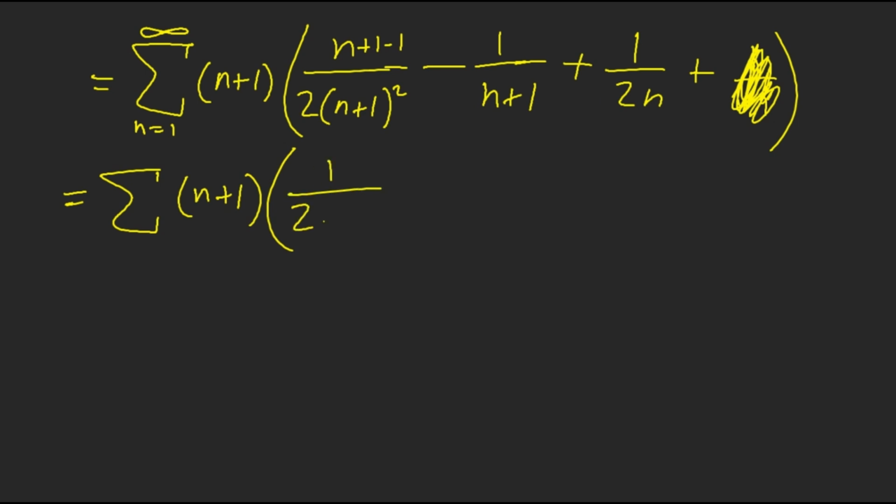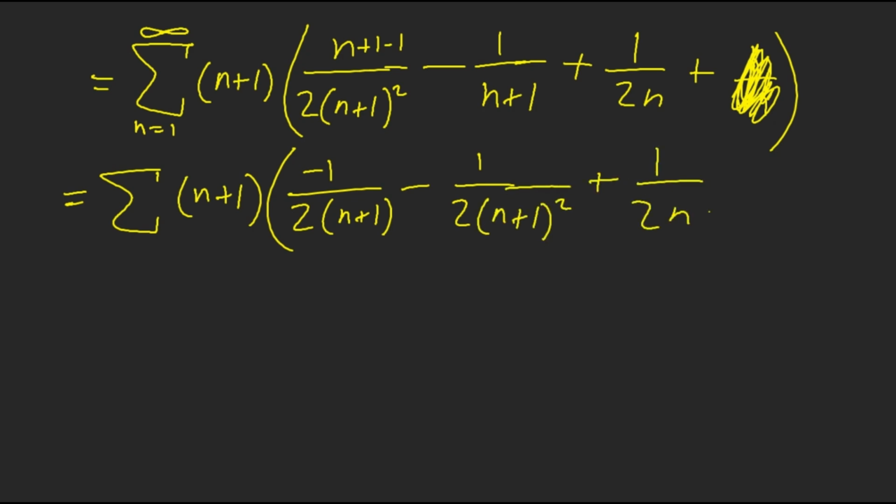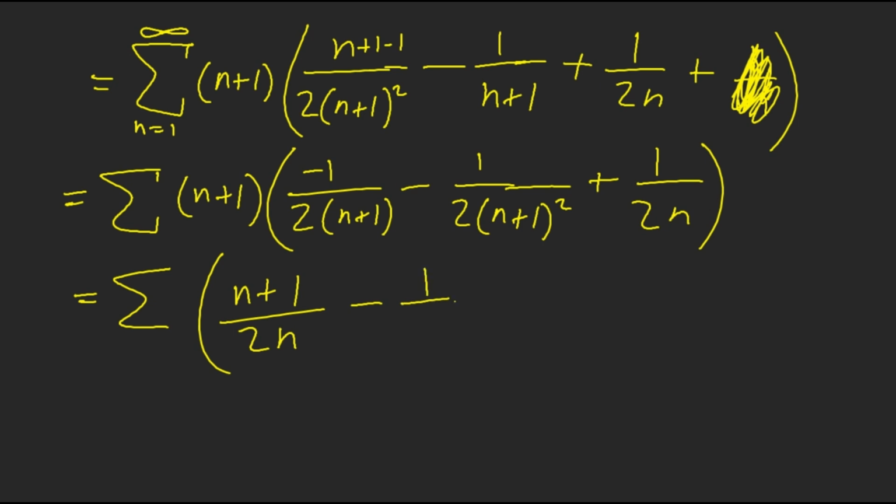We have 2n plus 1, but we have a minus 1 here, so this is negative 1/2, minus this, and then plus 1 over 2n. But now we have n plus 1 that we have to distribute. So now what we have is n plus 1 over 2n, and then minus 1/2, and then minus 2n plus 1.